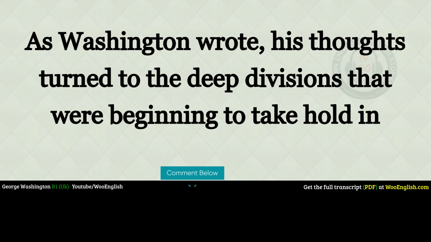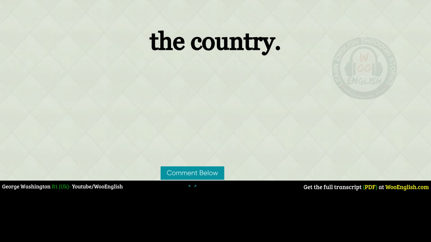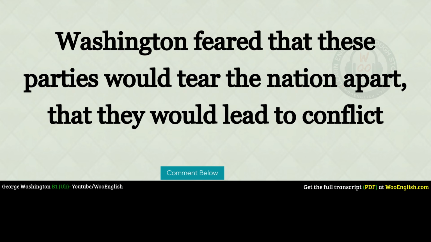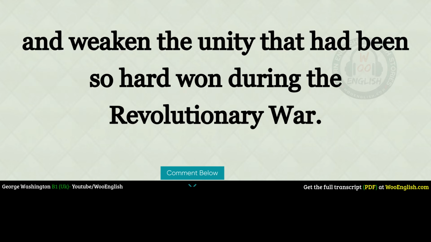As Washington wrote, his thoughts turned to the deep divisions that were beginning to take hold in the country. Political parties were forming, groups with different visions for the future of America. Washington feared that these parties would tear the nation apart, that they would lead to conflict and weaken the unity that had been so hard-won during the Revolutionary War.